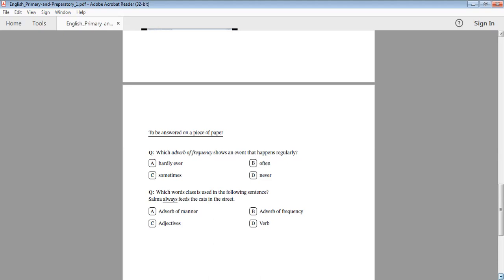Adverb of frequency, sorry. Adverb of frequency. Okay.